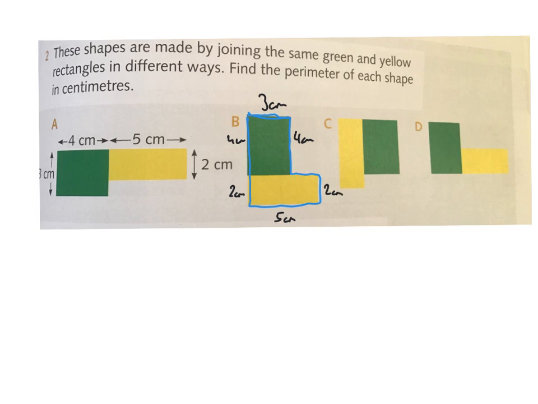Now, I know this is 5, and the top horizontal side of my shape is 3, so this is 5, this is 3, so what must that be? Well, if you think about it, this side plus this side will equal the length of this side, so 3 plus 2 makes 5, so this little part of my yellow rectangle must be 2 centimetres. When I added those up, I found out that the answer was 22 centimetres.